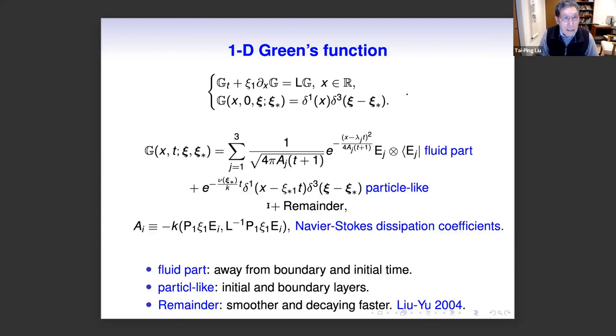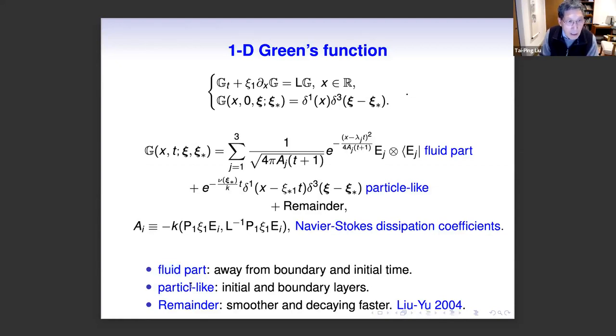Of course, this is very nice and explicit, but one does not get an explicit expression of the Green function, and that would be impossible. So the remainder is smoother than the particle-like part, and decays in time faster than the fluid part. I have to make a very vague comment here. The fluid part is useful for the study of the Boltzmann solution away from the boundary and from the initial time.